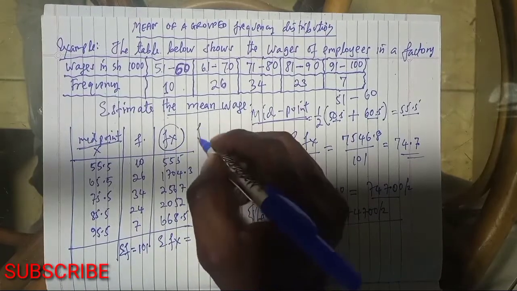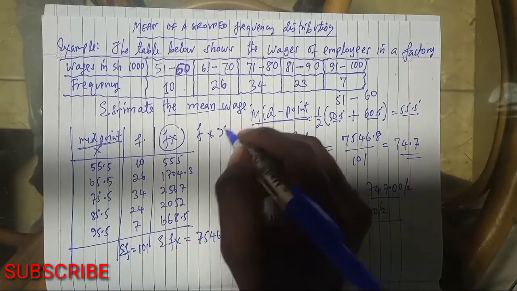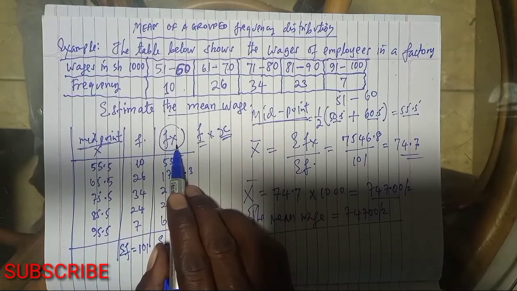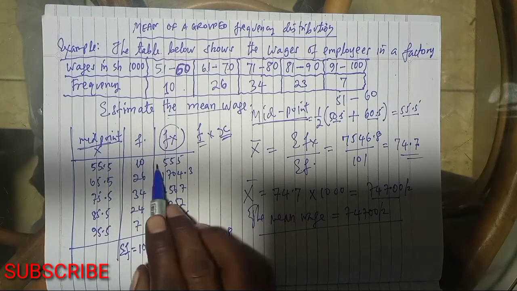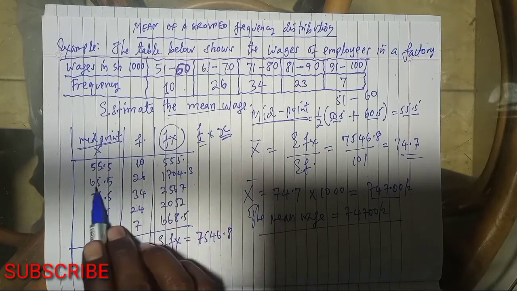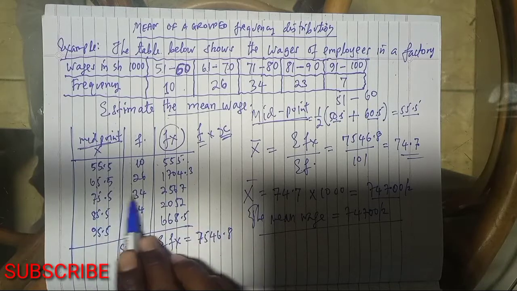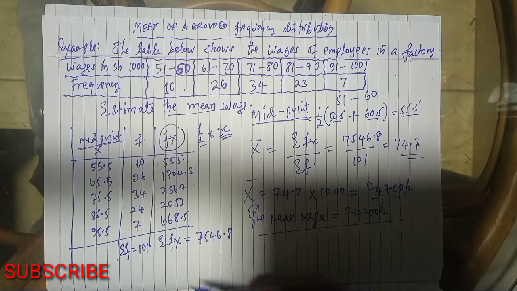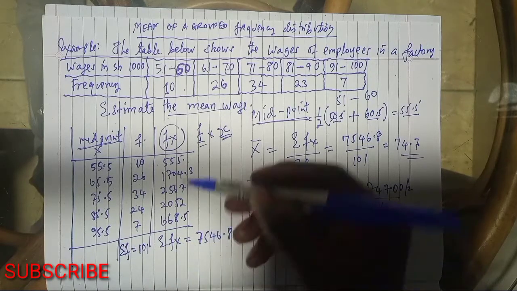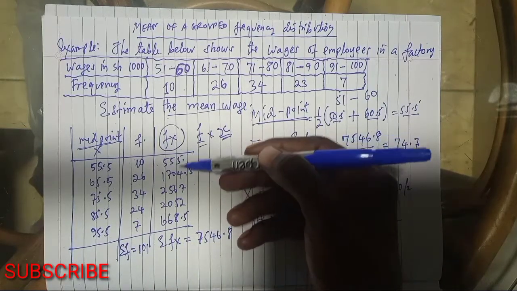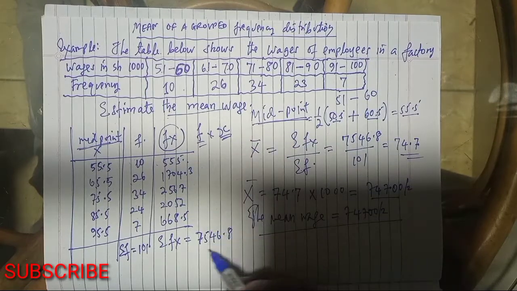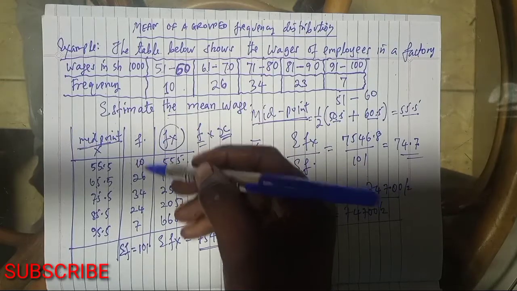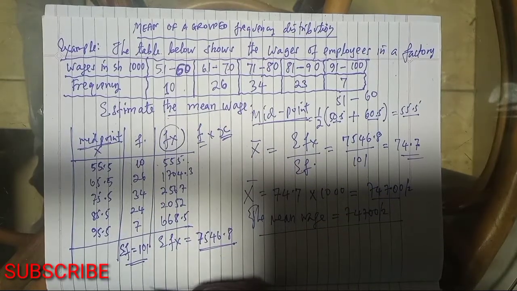fx means frequency times midpoint. Once you multiply, you get each fx. Then you find the sum of fx by adding them all up, and the sum of frequency, which is 101.